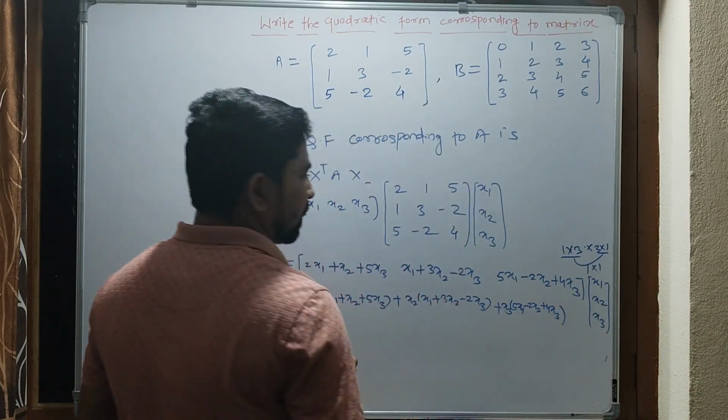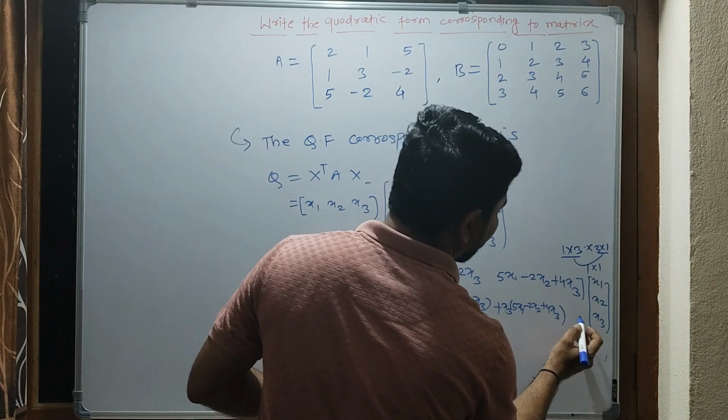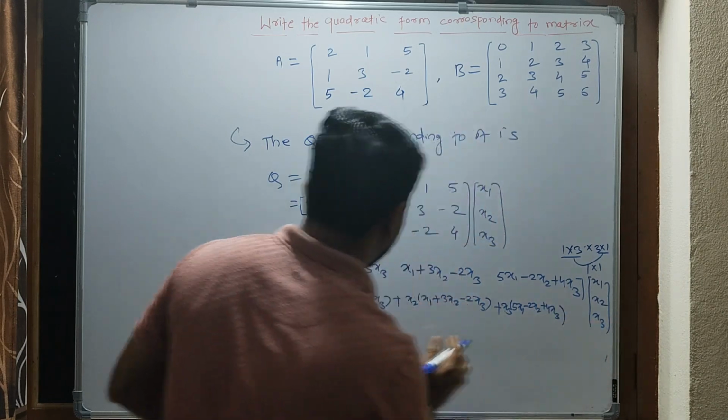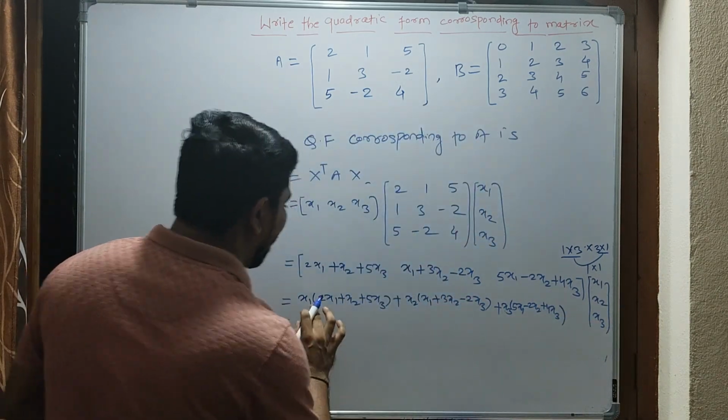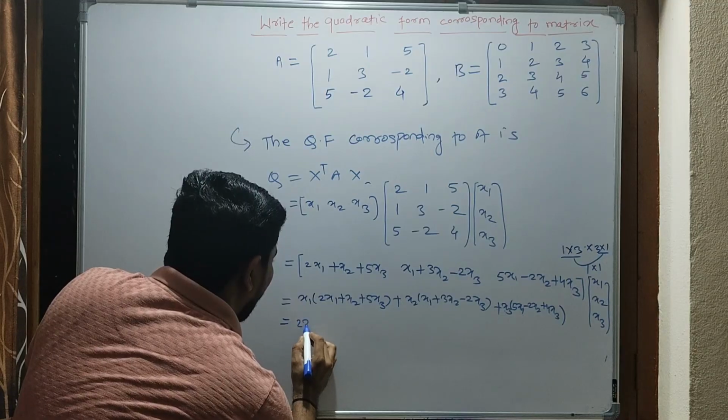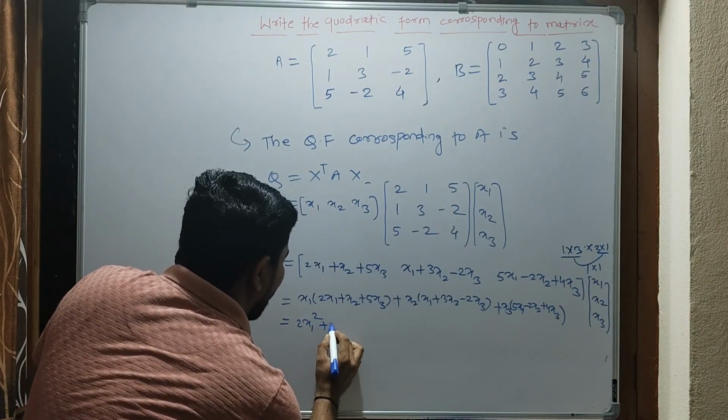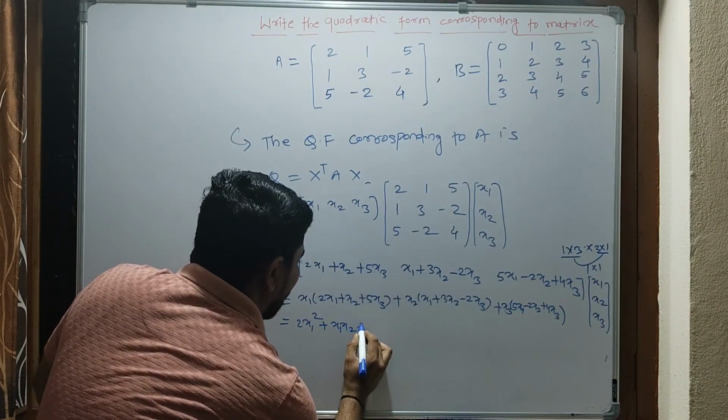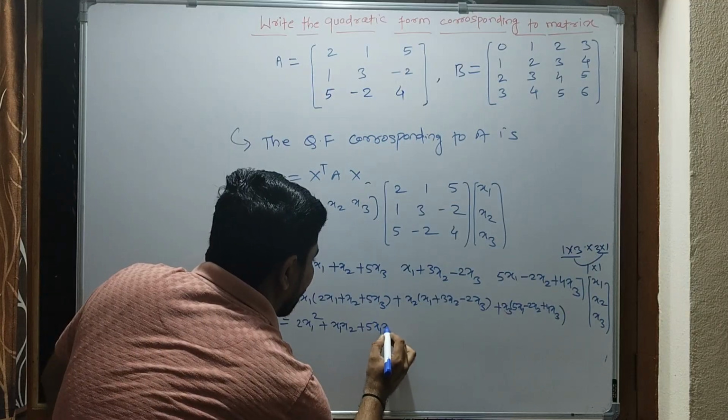Now multiply. This is equal to 2 times x1 square plus x1 x2 plus 5 times x1 x3.